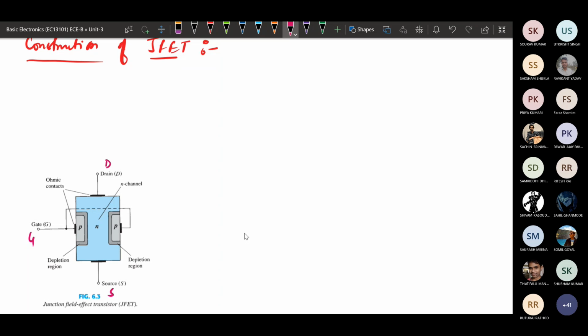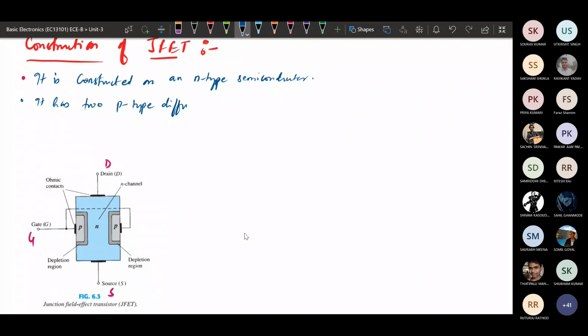So it is constructed on an n-type semiconductor and has two p-type diffused regions on the n-type semiconductor.